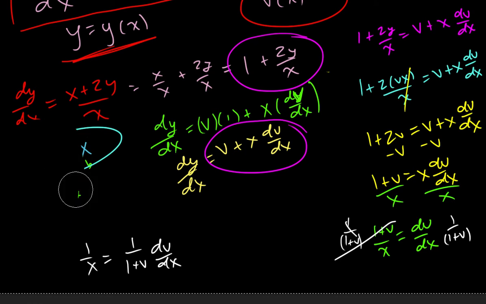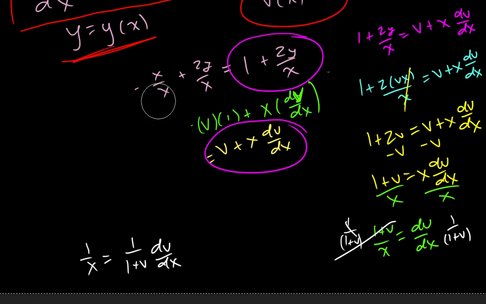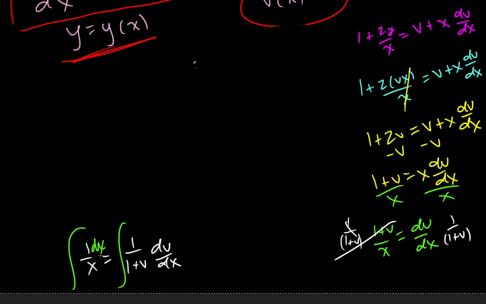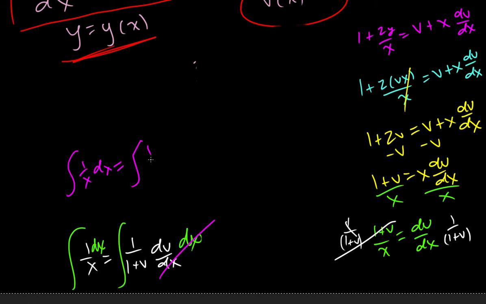So from here, we can integrate both sides with respect to x. Those cancel. We integrate both those.